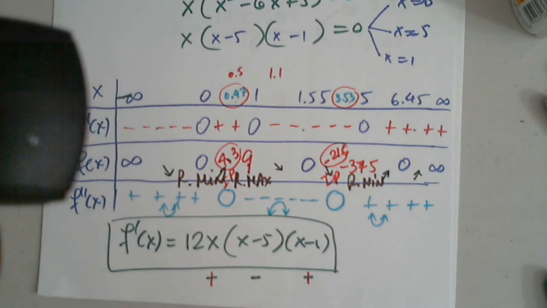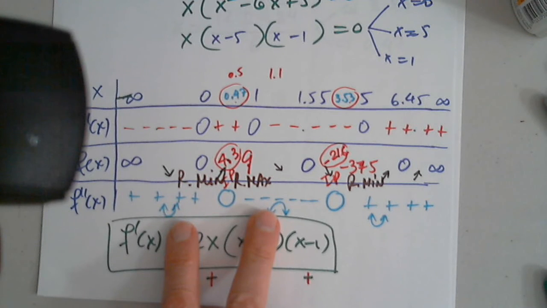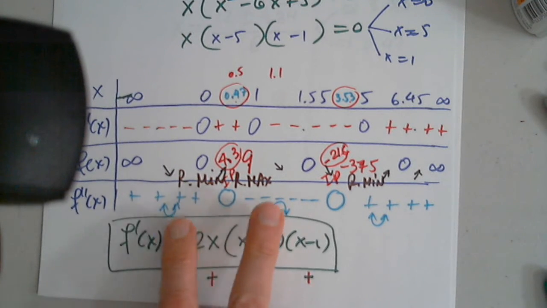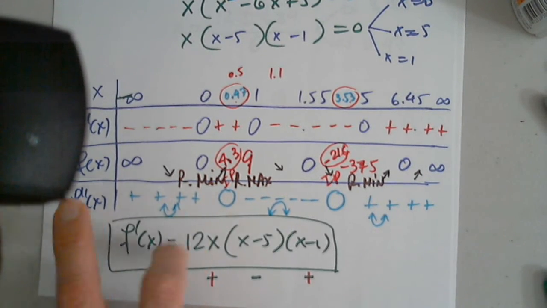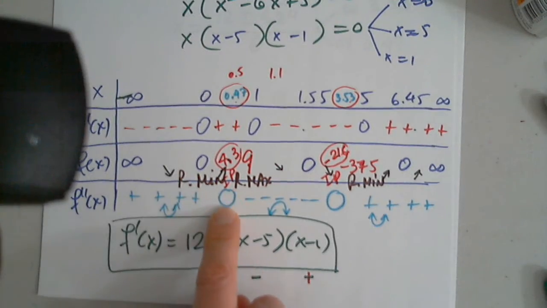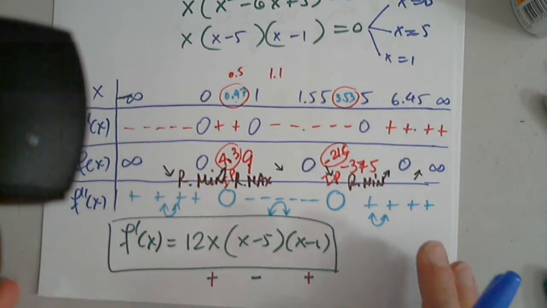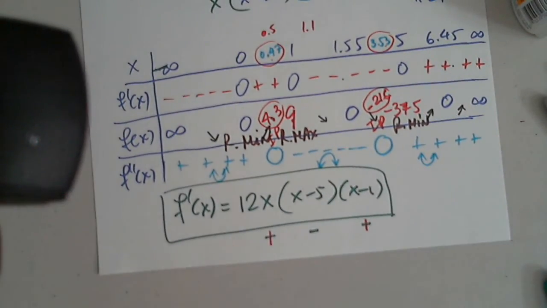Look at the table and say why. The sign changes? For what? Oh, for the second derivative. For the second derivative, and the second derivative there is either undefined or 0. Very good, awesome. Okay, finally, I'm ready to graph.